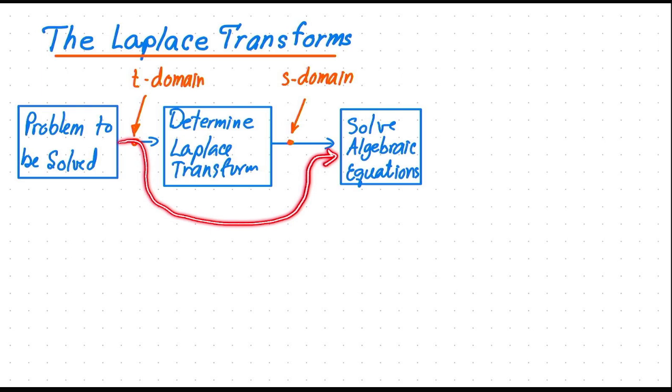We have to do the convolution integral, and we know that we don't like that. We don't want to do the convolution integral. So using Laplace transforms enables us to solve the problem using algebraic equations, which is a lot easier.